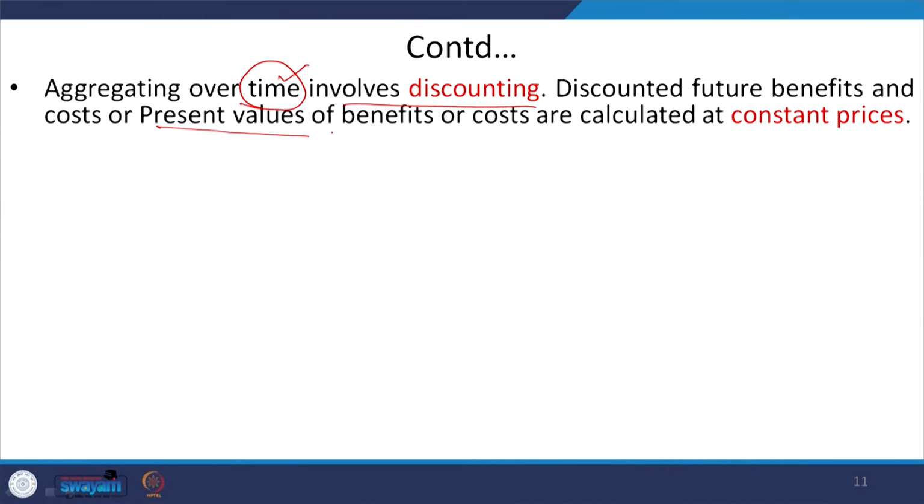The present values of benefits and costs are calculated in terms of constant prices, so that you can aggregate the benefits and costs. Otherwise you will suffer from the problem of rising prices and falling prices, and accordingly the value of willingness to pay and willingness to accept will be different.